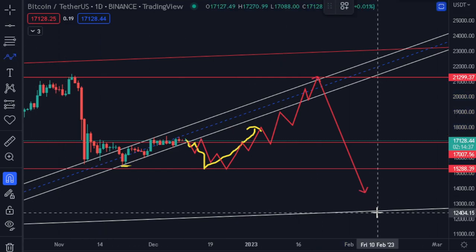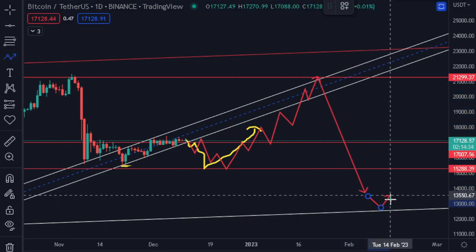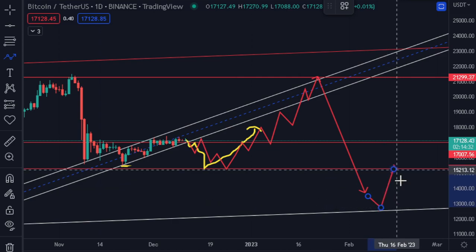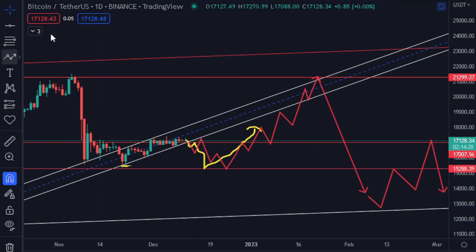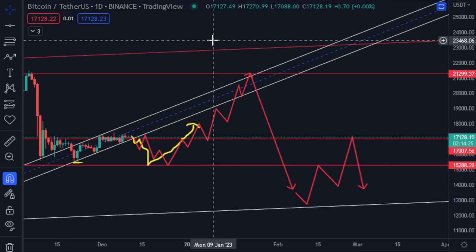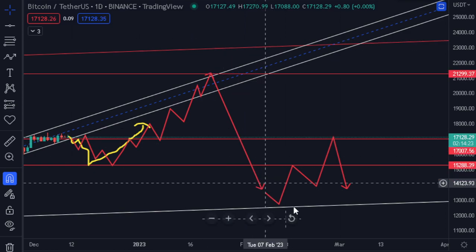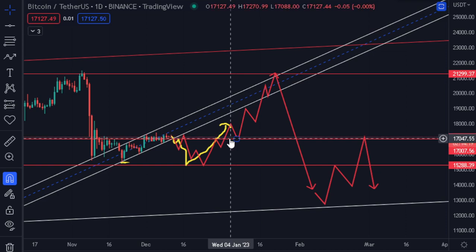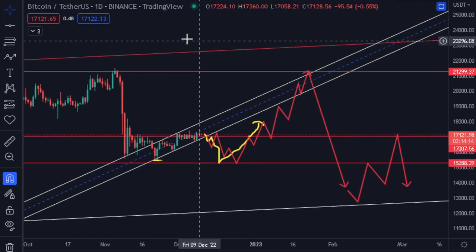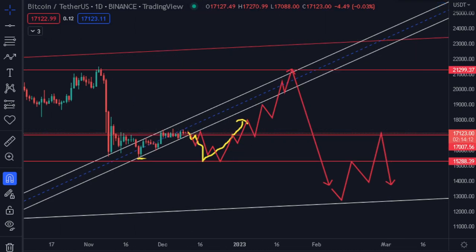Then we can have some consolidations, maybe get down to 12,700, go up to 15,000, play this range. We're going to see if we can identify the market once we have more data and more price action. So that's an idea about what could happen in the crypto market for you to keep your eyes on, and trade carefully.